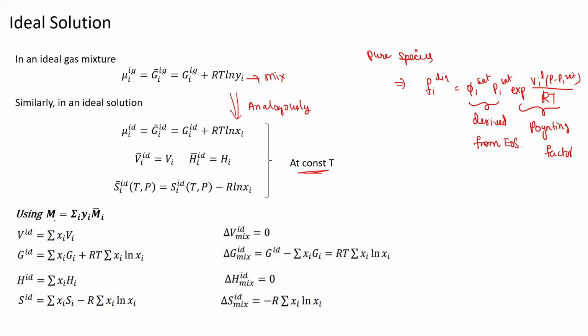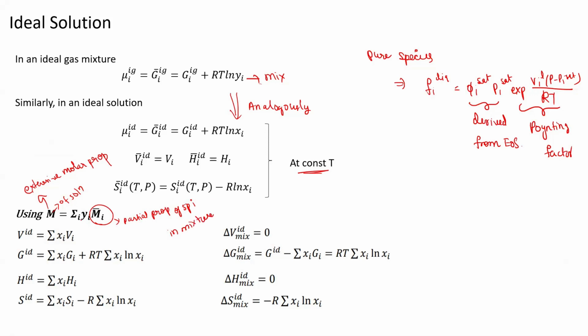Now, we know this for an extensive molar property: the total M of the solution is defined as the sum of mole fraction xi times the partial property M_i bar of species i in the mixture.